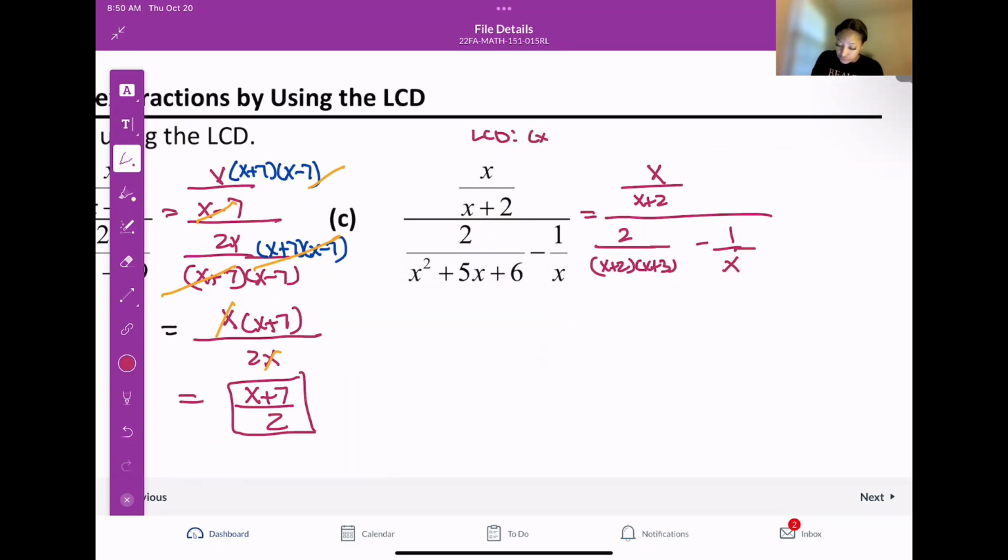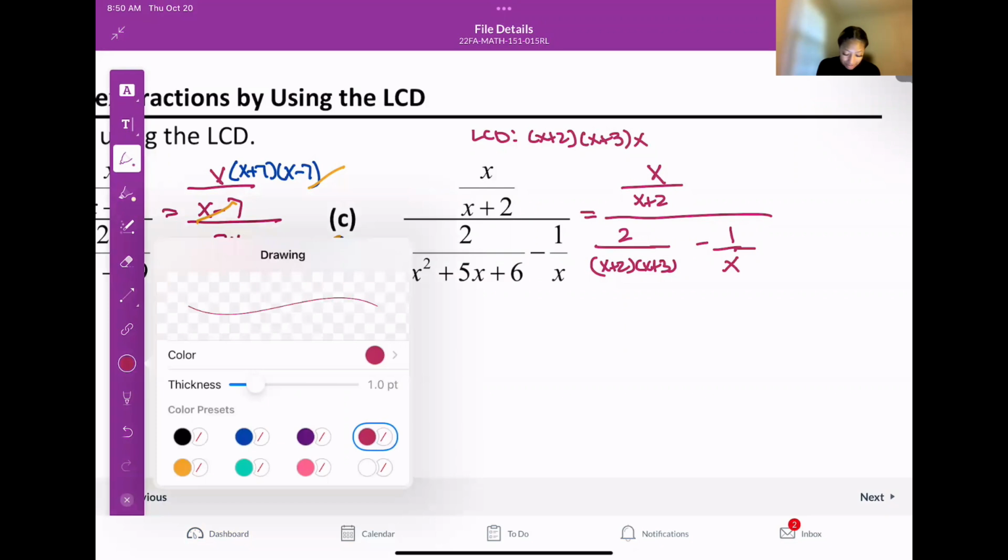We have an x plus 2, and this denominator, we have another x plus 2 that's already taken care of. We also have an x plus 3, and then we have a denominator of an x. So all of those have to be included in the LCD. So our LCD is x plus 2 times x plus 3 times x. Let's multiply all three parts by this.